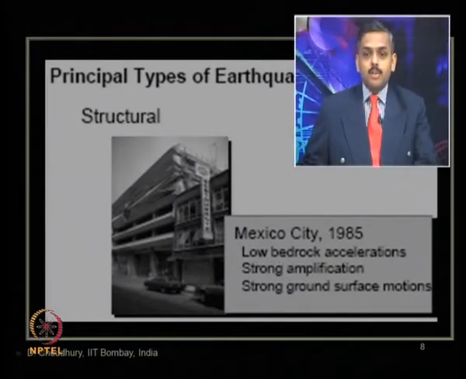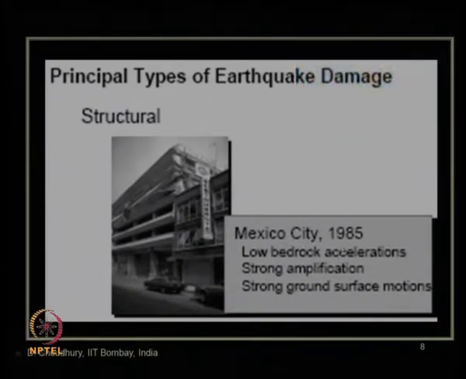So, it was not supposed to make any such damage to the structure, but unfortunately the soil below the city in Mexico was pretty soft in nature, which caused soil amplification in that location. So, the original bedrock acceleration got amplified or increased, which finally destroyed the structures in Mexico City. So, that large devastation of the Mexico City earthquake in 1985 was majorly due to the geotechnical aspects of earthquake engineering.